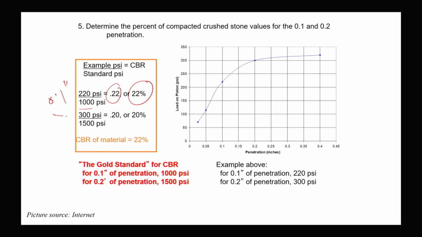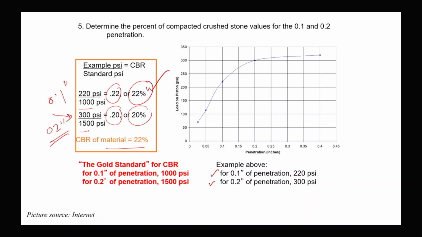And for 0.2 inch penetration, the ratio is 300 by 1500, so 0.20, typically 20%. We test both for 0.1 and 0.2 inch penetration, but the higher value of these will be taken as the California bearing ratio. Okay, this is the system.